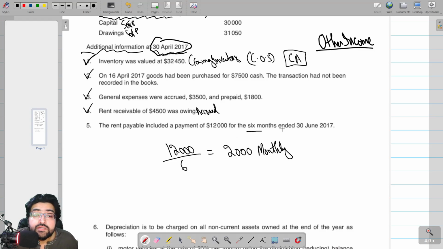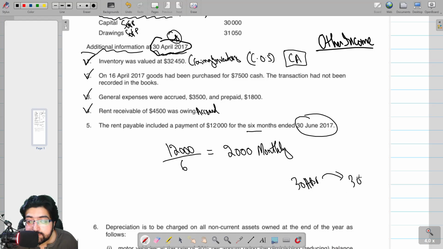Okay. I have paid this amount for 6 months ending 30th June. When is my accounting year ending? On 30th April. Here I'm making a star here. 30th April. This payment is till 30th June. So 30th April to 30th June, we have 2 months, which means this amount includes a prepayment of 2 months.